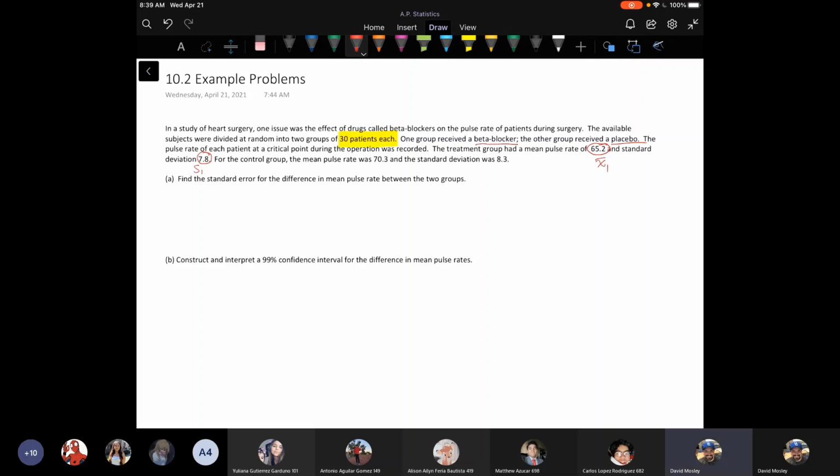Okay, so we're starting to label things here. For the control group, the mean pulse rate was 70.3, and standard deviation was 8.3. So we have X bar 2 and S2.